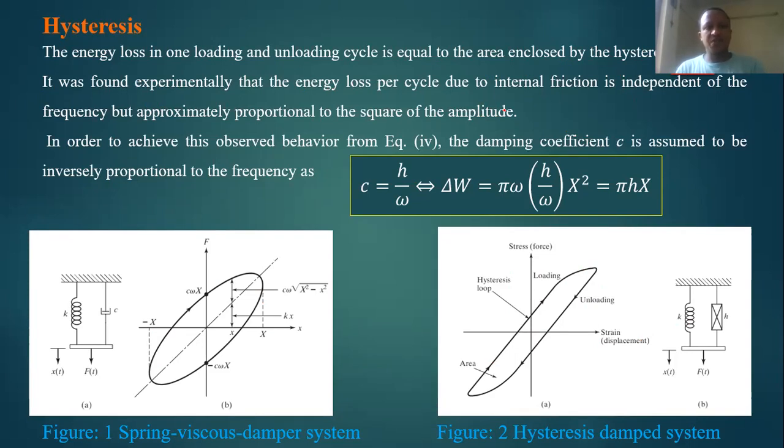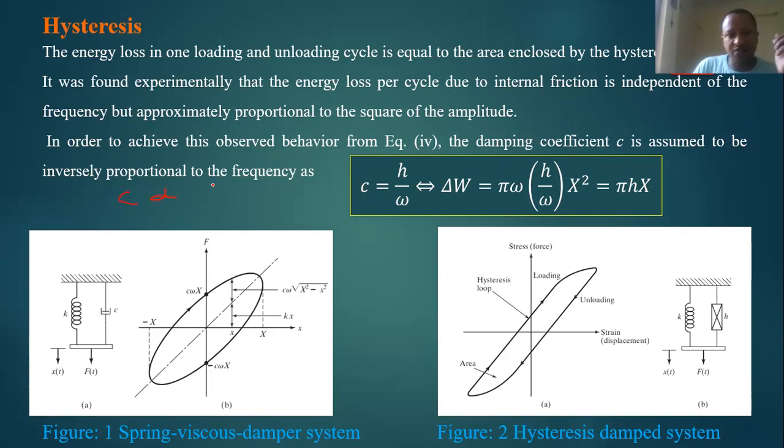In order to achieve this observation, the damping coefficient C is assumed to be inversely proportional to the frequency. C is equal to H over omega. Here H is the hysteretic damping constant, C is the viscous damping constant.